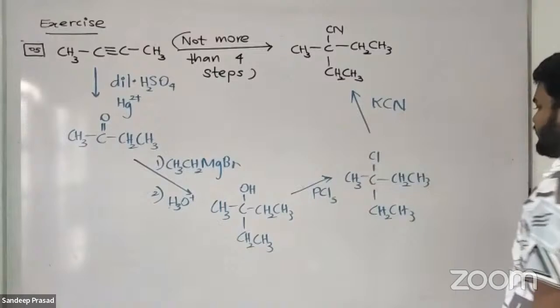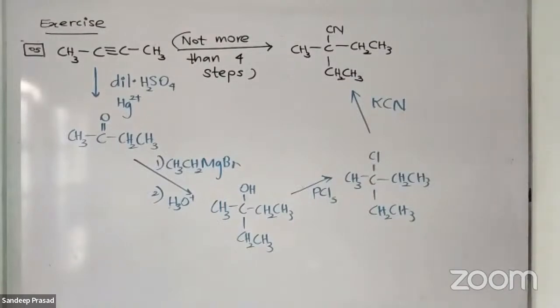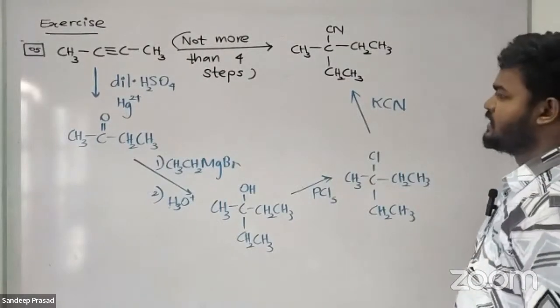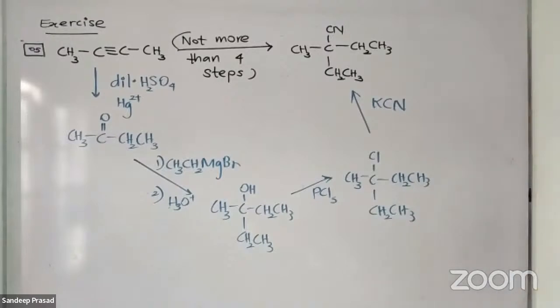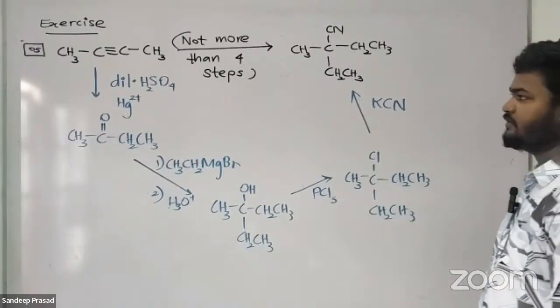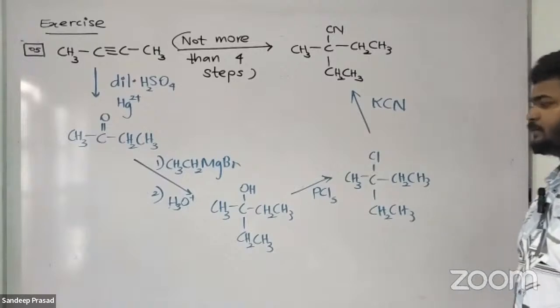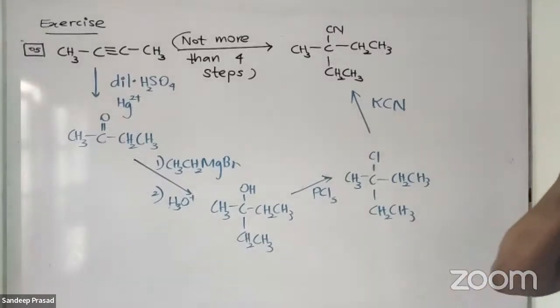And KCN finally. So how many steps? I have gone through 4 steps, right? Since they have given not more than 4 steps, we can do this conversion. Right? So this is it.